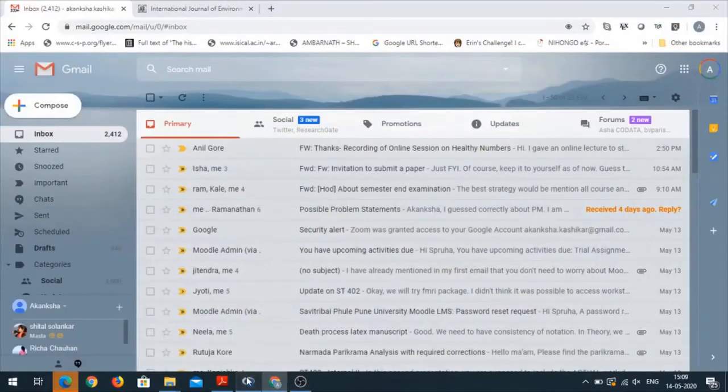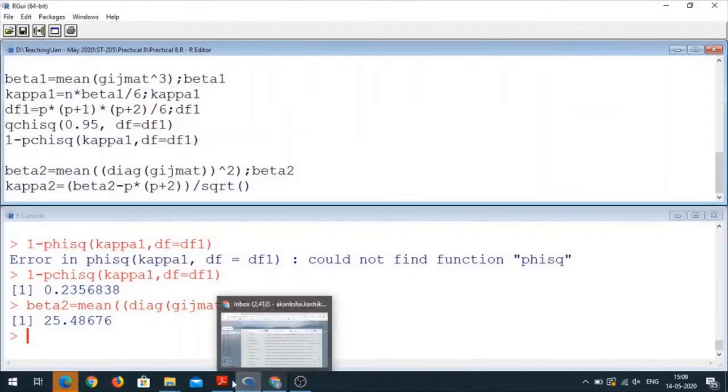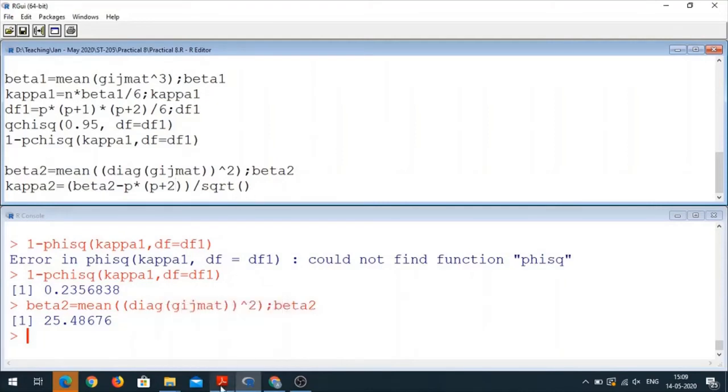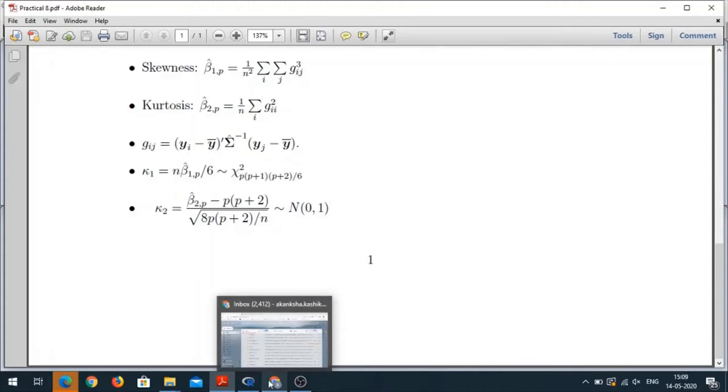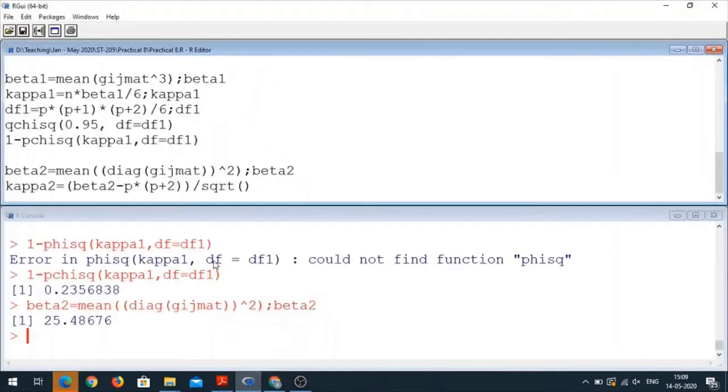Then what is happening? Yeah, I need to go to PDF. Okay, 8p into p plus 2 by n. So square root of 8 into p into p plus 2 by n. Okay, 8p into p plus 2 by n.